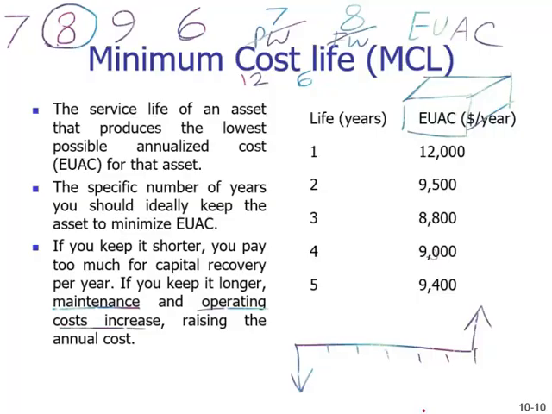But for sure, the recovery of the initial investment over 5 years would be easier than over 2 years or 1 year. But here the problem is operating costs and maintenance. So 3 is the minimum cost life for this example.